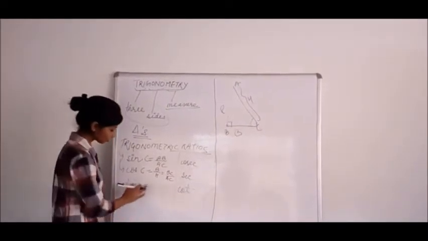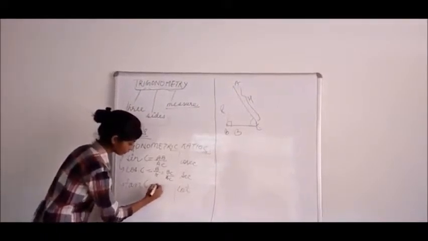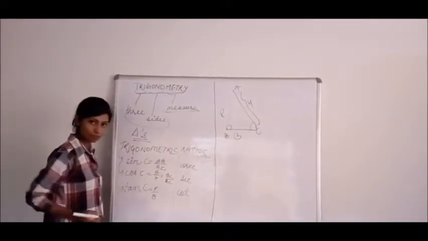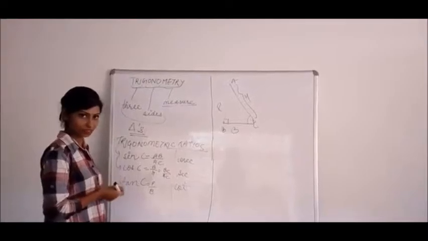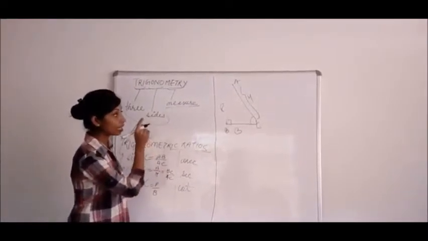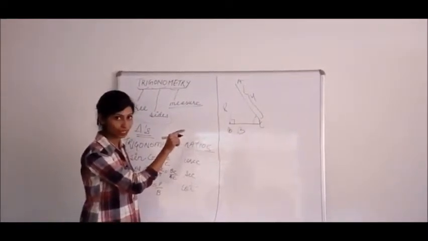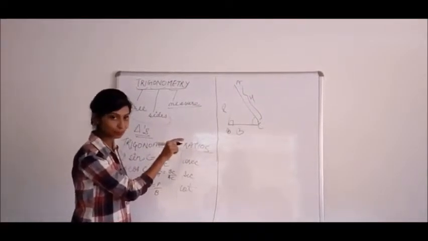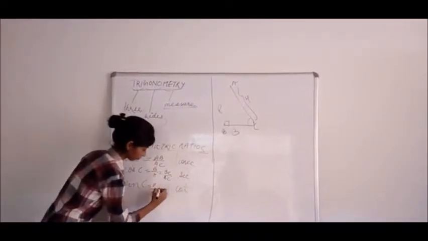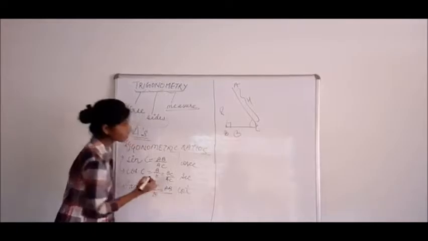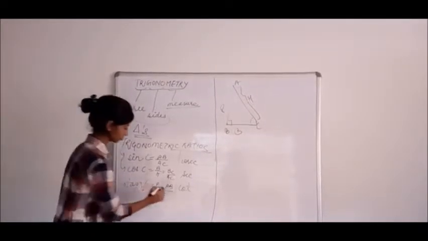Tan of C has the basic formula P upon B, meaning perpendicular upon base. The perpendicular in our triangle, the side opposite to angle C, is AB, and the base is BC.